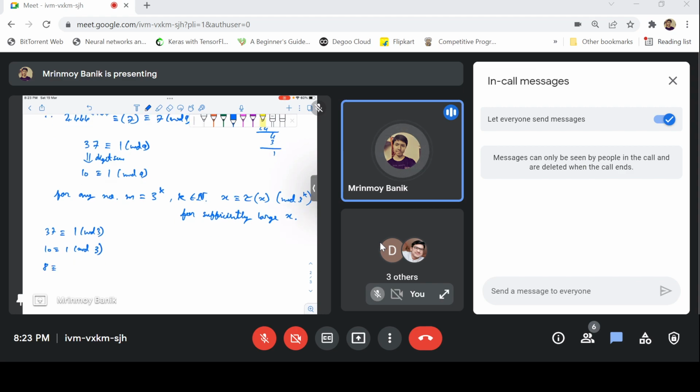But 8 is congruent to 2 mod 3, and 8 mod 9 is 8.